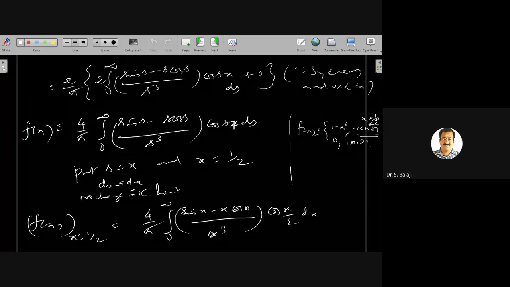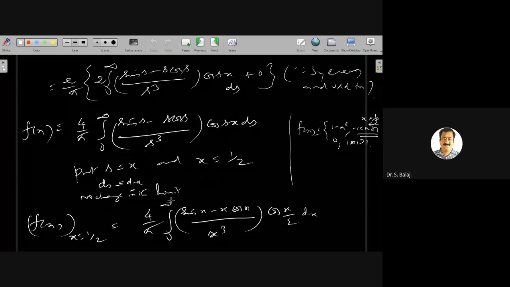Here s by x, but for this x, you have to replace 1 by 2 because we need cos x by 2. Already this is changed as x. For cos x by 2 we need, therefore we put x equal to 1 by 2, for both sides here. And ds equal to dx, and no change in the limit because of this substitution.